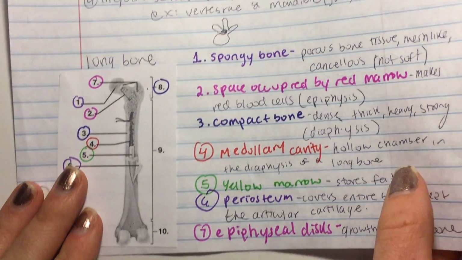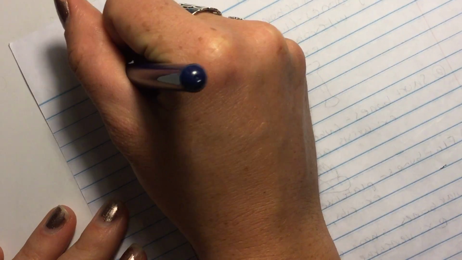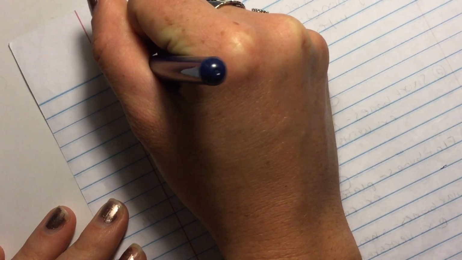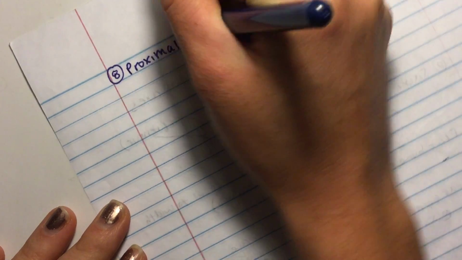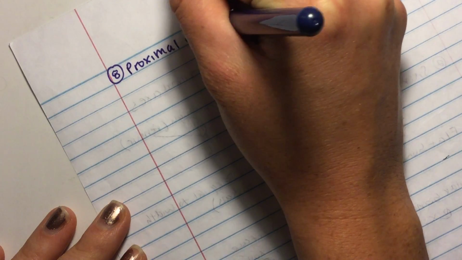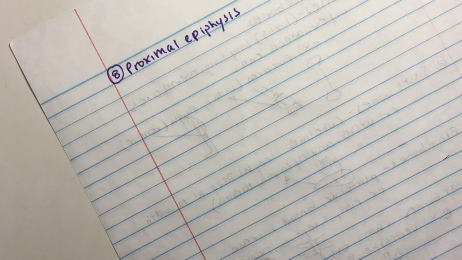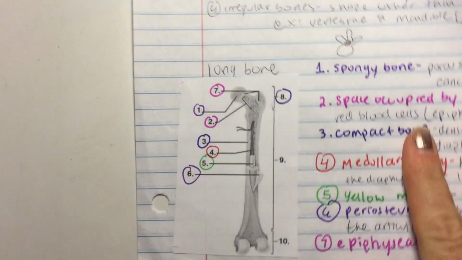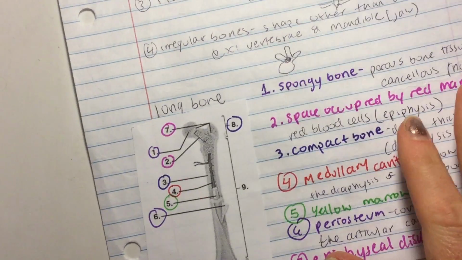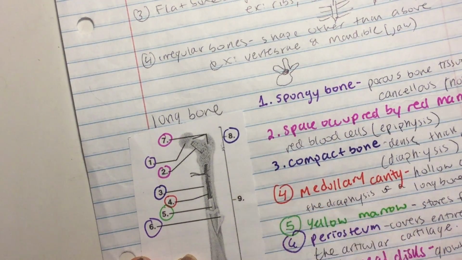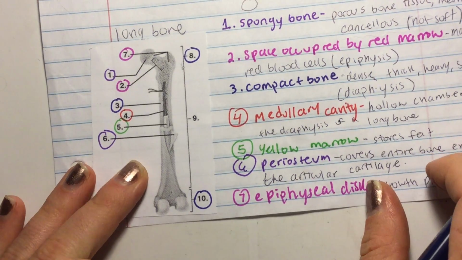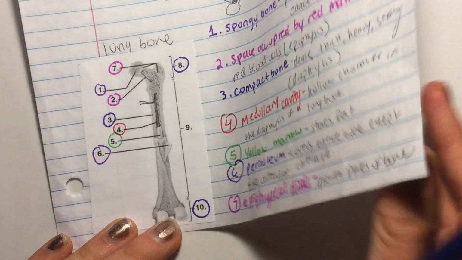I'm going to flip to the back for this one. The proximal epiphysis. And then we'll label number 10. I'm going to use the same color and circle it too. This is the distal epiphysis. So number 10 down here, the distal epiphysis.